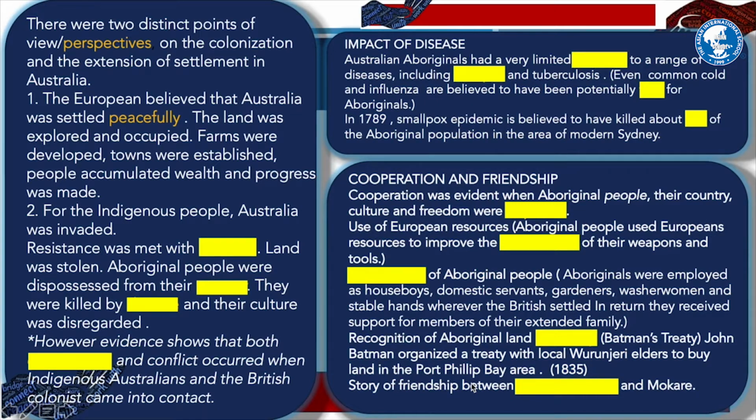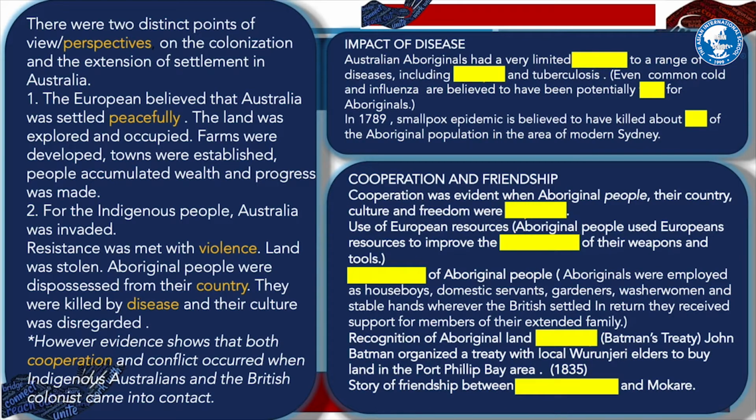But for the Indigenous people, Australia was invaded, resistance was met with violence, and land was stolen. Aboriginal people were dispossessed from their country, they were killed by disease and their culture was disregarded. However, evidence shows that both cooperation and conflict occurred when Indigenous Australians and the British colonies came into contact.